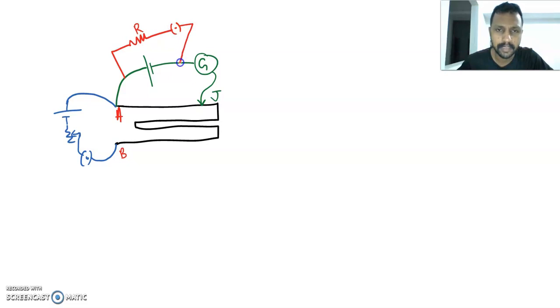We connect the resistor with the key in parallel to the cell whose EMF is E and internal resistance is small r, which is to be determined. This is the circuit diagram required for finding out the internal resistance of a cell.